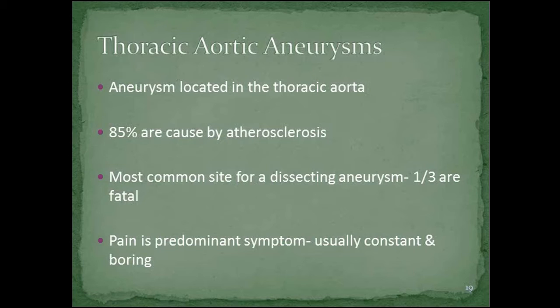The location is determined by thoracic vertebrae as opposed to lumbar vertebrae. So from the beginning of the aortic arch all the way down to where the thoracic vertebrae stop is classified as the thoracic area. So an aneurysm in that area is a thoracic aneurysm.